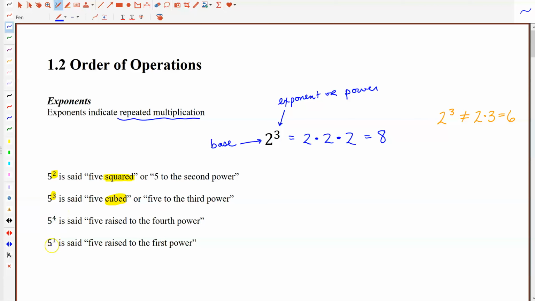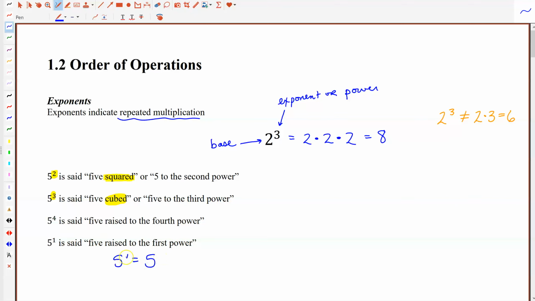You can also have a 1 up there in the exponent. That one is kind of a goofy one, because obviously I'm not repeatedly multiplying anything. It says I only have the base once. So I would say this is 5 raised to the first power, and 5 raised to the first power is actually just 5.